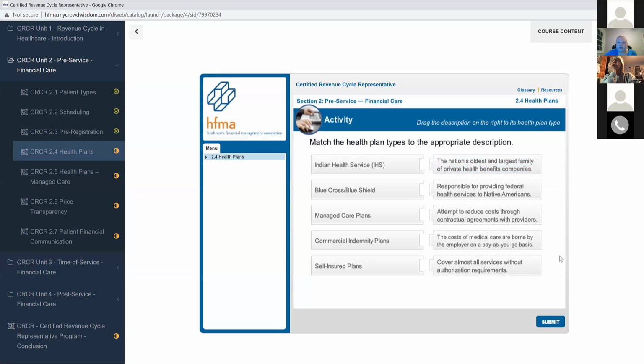Attempt to reduce costs through contractual agreements with providers: that's your managed care plans. The costs of medical care are borne by the employer, pay-as-you-go basis: that's your self-insured plans. And the commercial indemnity plans cover almost all services without authorization requirements.